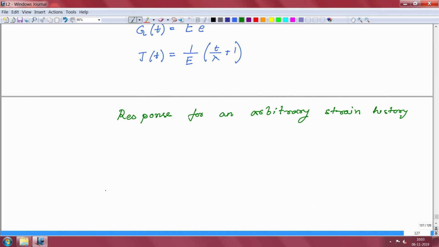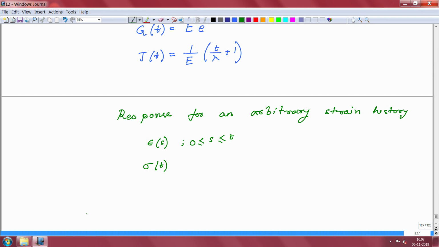Here what we imply is that the strain history is known. So, epsilon of s for s less than the current time but greater than 0 is given to you, and you are asking the question, what is your current state of stress.